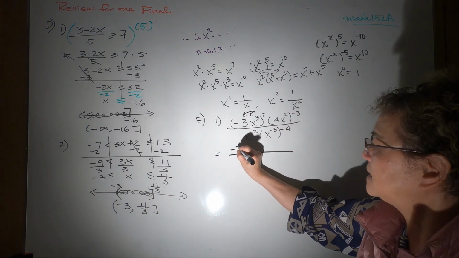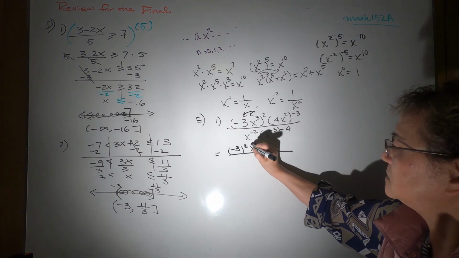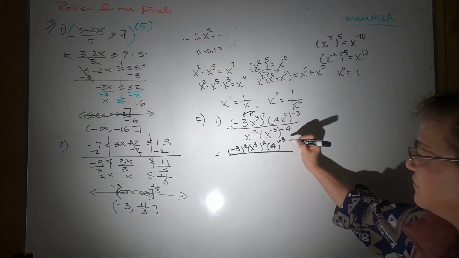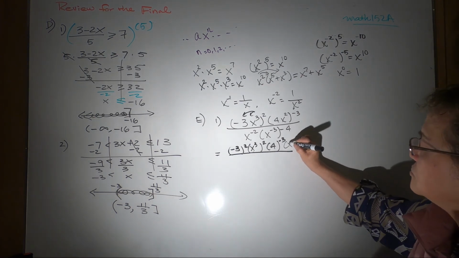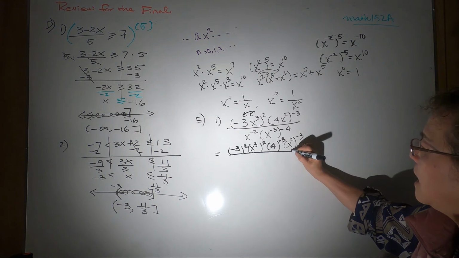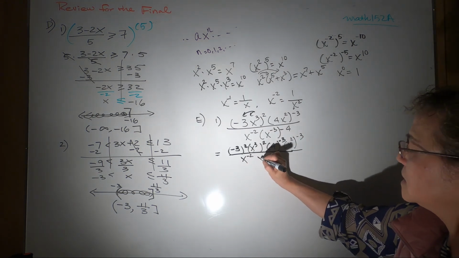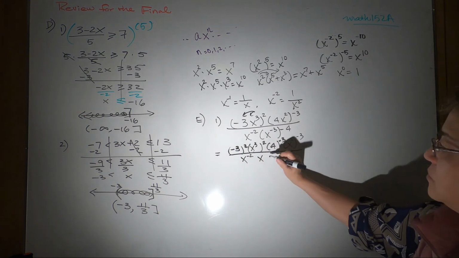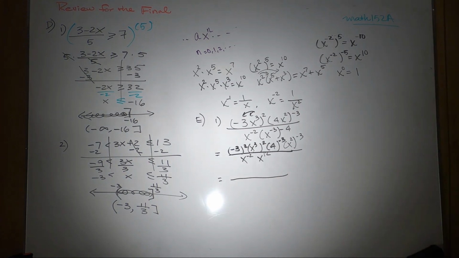That means -3 takes the square, and x cubed takes the square. Here 4 takes the -3rd power, and x squared takes the -3 power. Then here is x to the -2. Here is -3 and -4, multiply them would be 12. Then we do it individually.